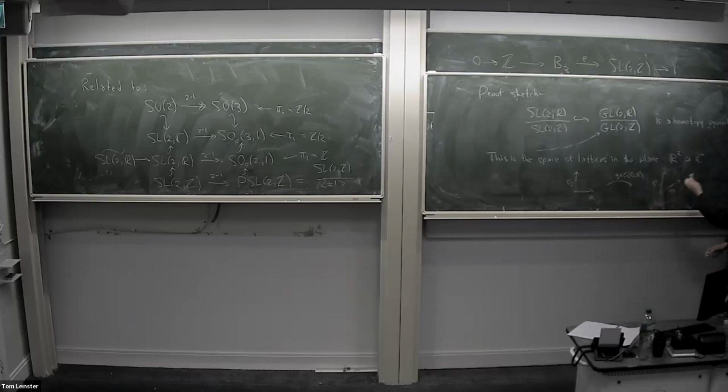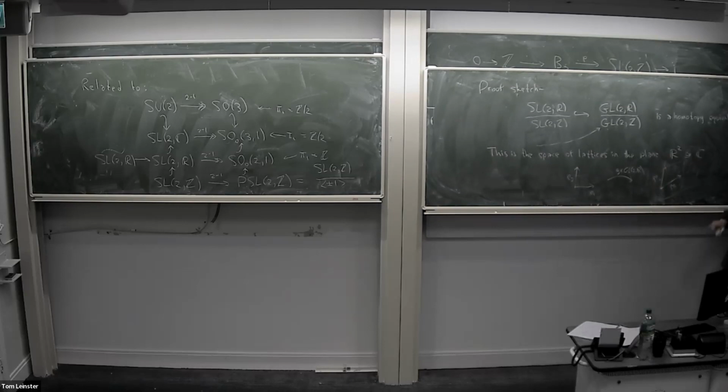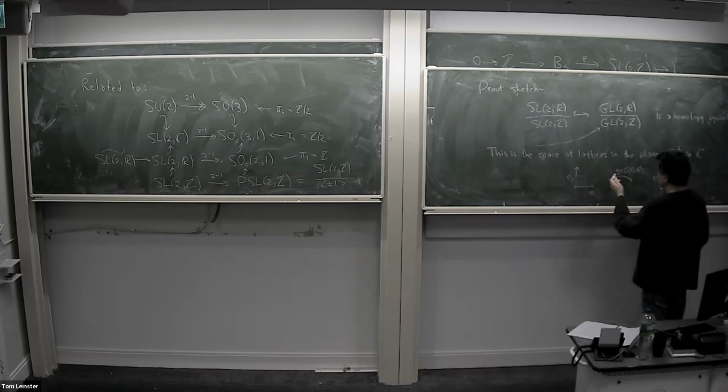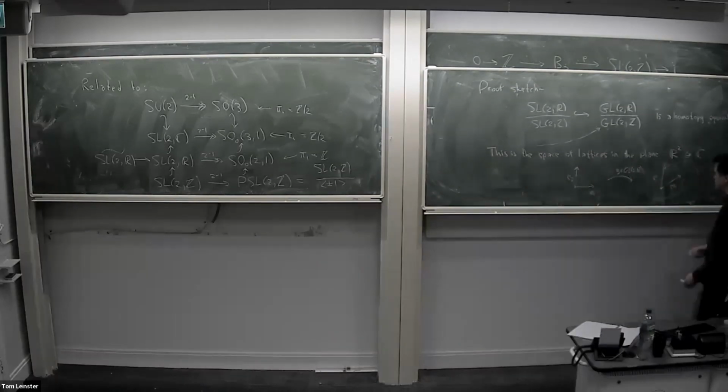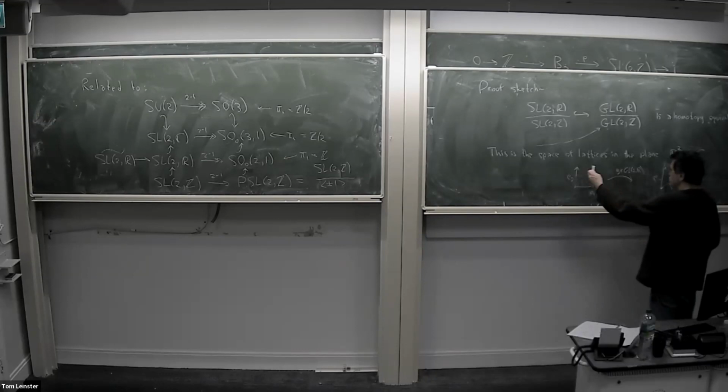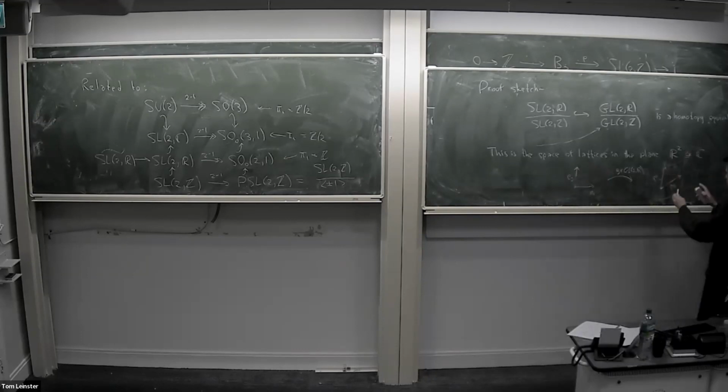A lattice is just a discrete abelian group sitting in R2. I guess it's also a free group of rank 2. So we can get any lattice that way, but it's possible to change the transformation G and still get the same lattice, because I could just add any integer combination of E2 to E1 or vice versa, and I would get the same lattice.